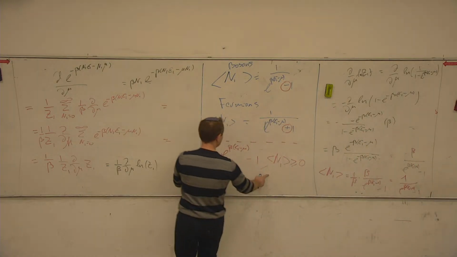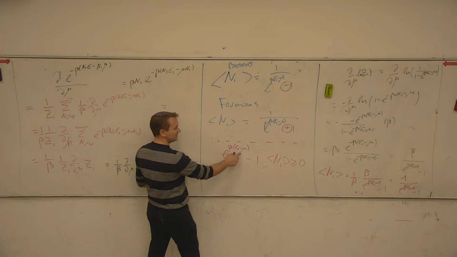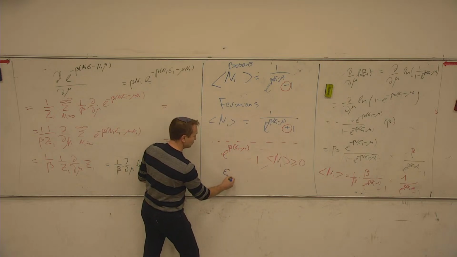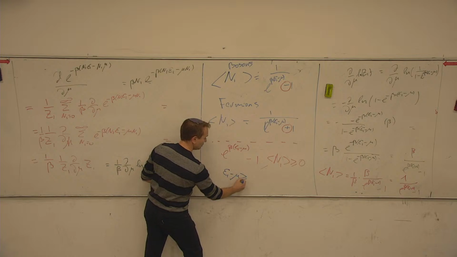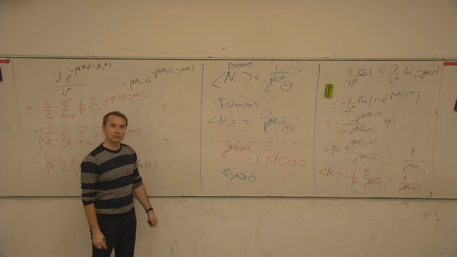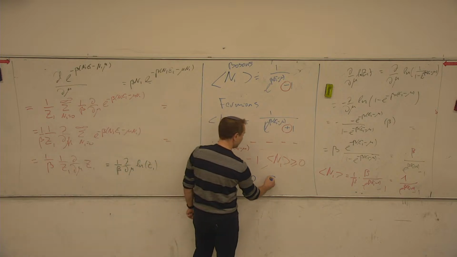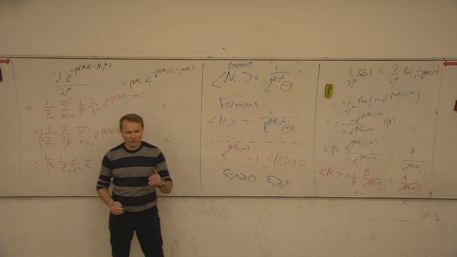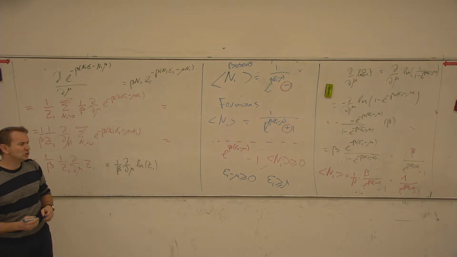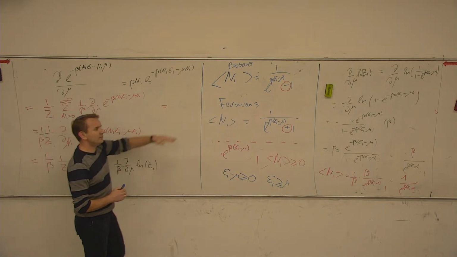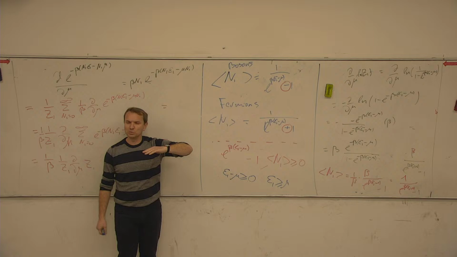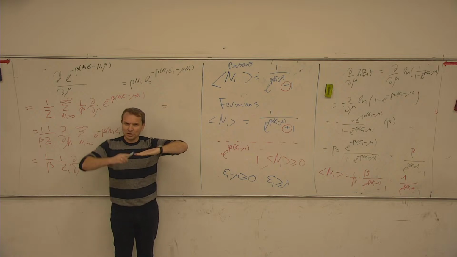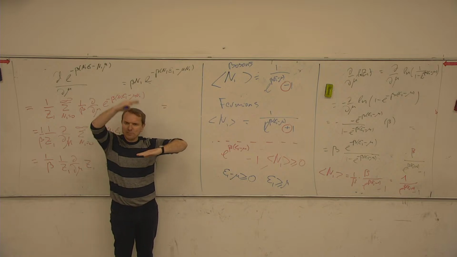There is no such thing as -3 particles, at least in this part of physics. So what it basically means is that epsilon 1 minus mu is greater than 0. So epsilon 1 is always greater than mu. If you remember, the chemical potential in fermions, which was also the Fermi level, was some level in between.